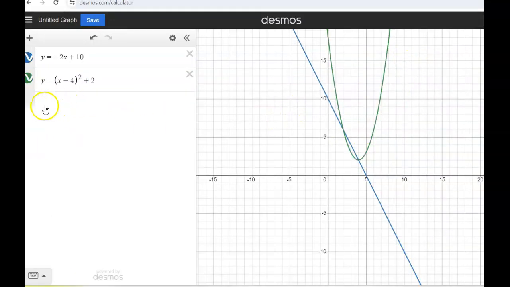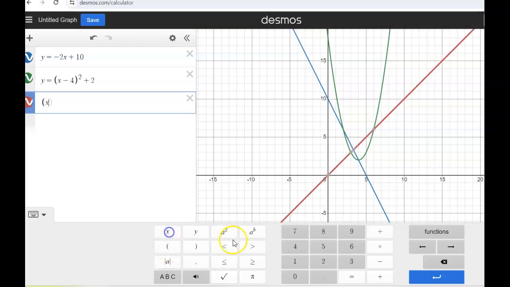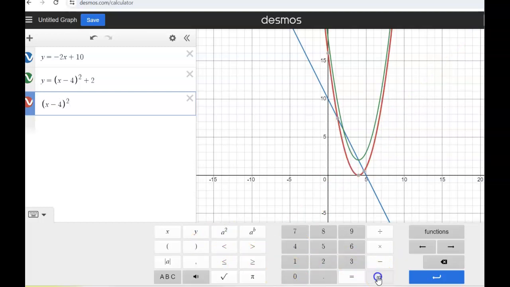Next, we're going to graph the equation of a circle, and we're going to have it centered around that point 4, 2. So I'm going to click here at number 3, and I'm going to type in the equation. So I'm going to add a set of parentheses, and I'll say x minus 4, close the parentheses, and I'm going to hit squared, plus, and I'm going to open up a set of parentheses, y minus 2, and close the parentheses and square that.